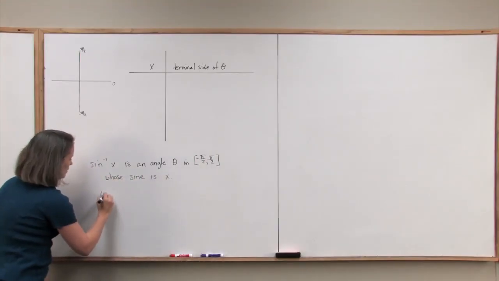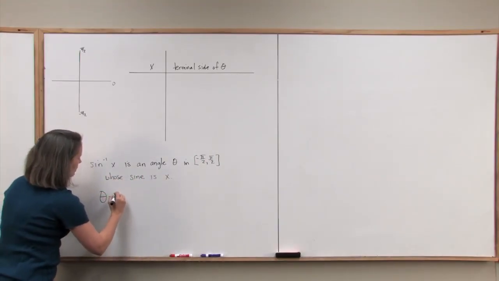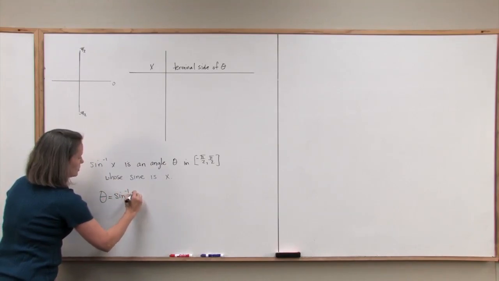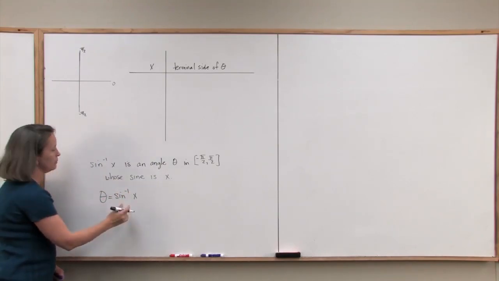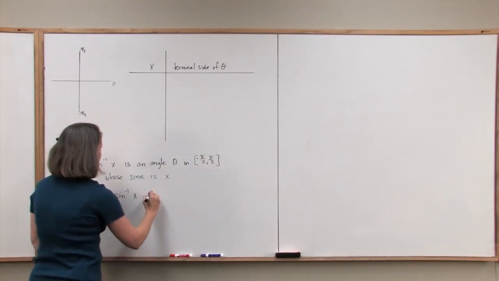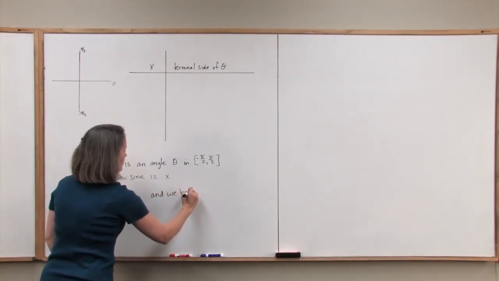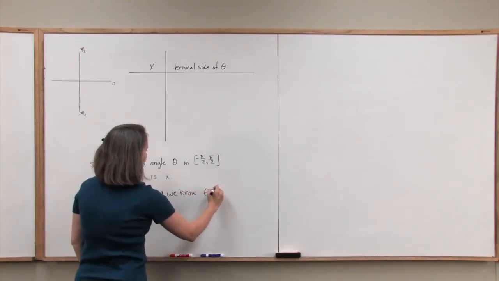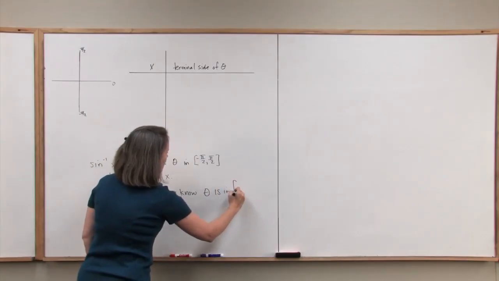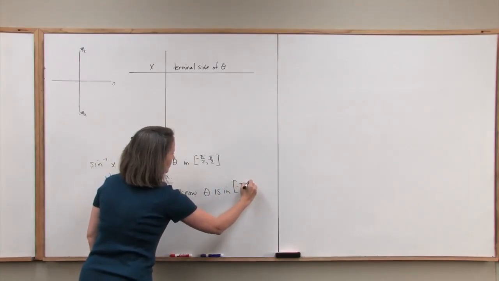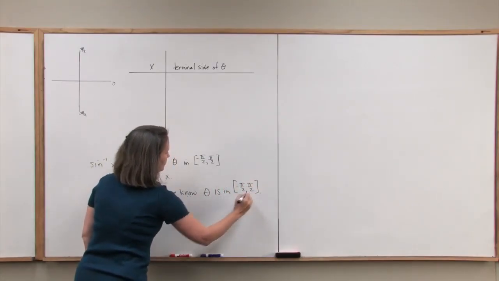So we can write theta equals the inverse sine of x. It's just an angle. And we know that theta is in negative pi over 2 to pi over 2, this closed interval.